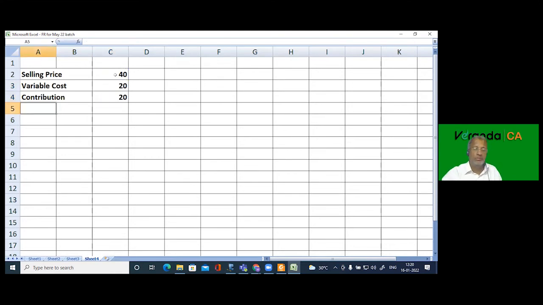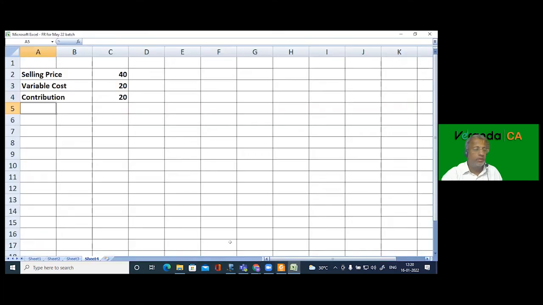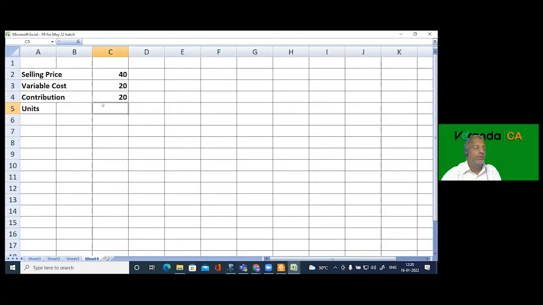Contribution 20. Number of units 100 crores. So the first one is contribution per unit. Contribution is 20 into 100, 2000 crores.